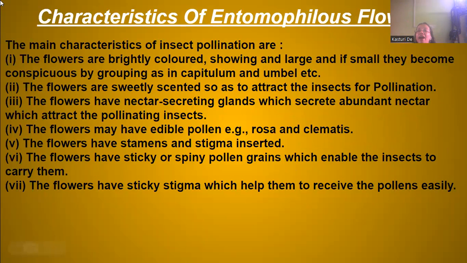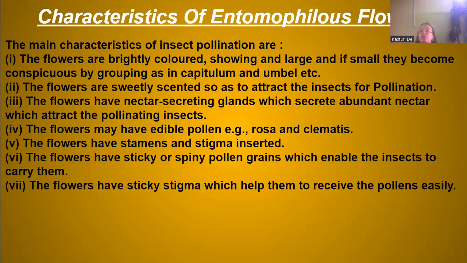Next are the characteristics of entomophilous flowers. The flowers are brightly colored, showy, and large, that is, very conspicuous. If they are small, they become conspicuous by grouping together, as in a capitulum, so that the insects are attracted.